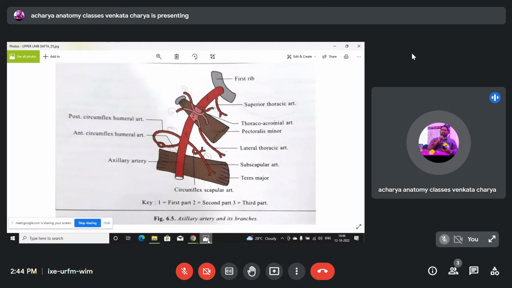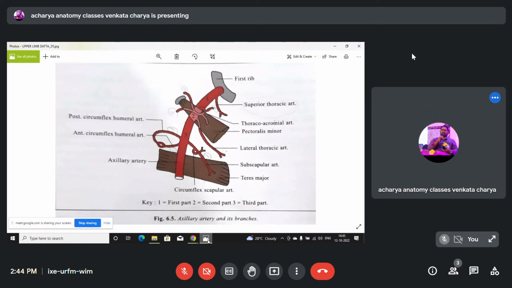The deltoid artery, acromial artery, clavicular artery, pectoral artery. Okay. Next, lateral thoracic artery. Second branch is the lateral thoracic artery.